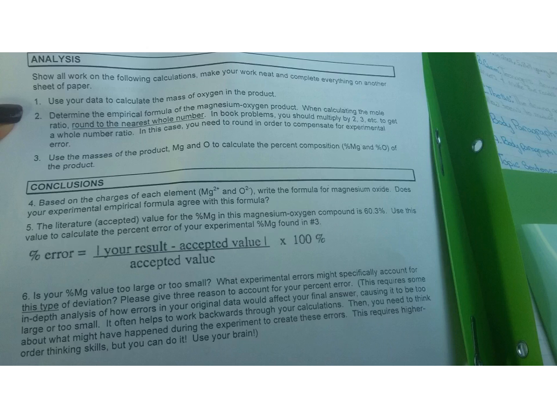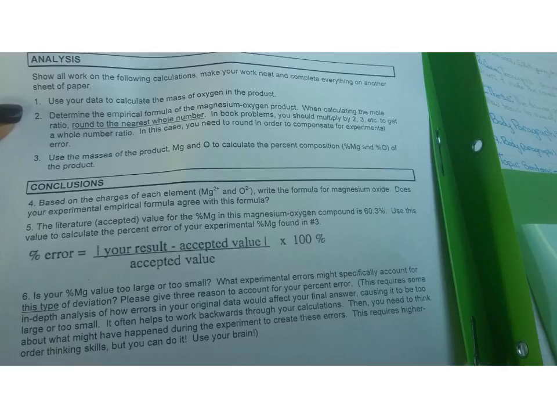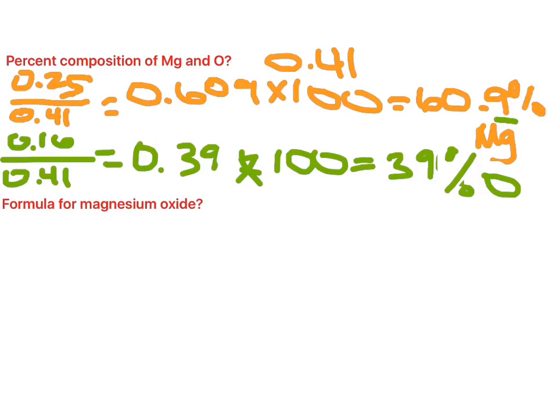Alright, so now what are we finding? Formula for magnesium oxide. So what you're going to do is take those percent compositions that you just found, and you are going to determine the actual formula with those percent compositions that you found in the experiment.